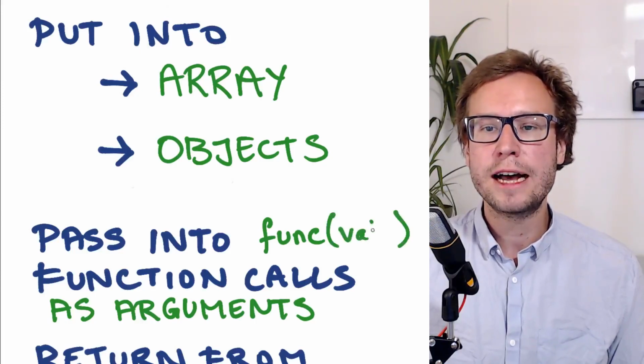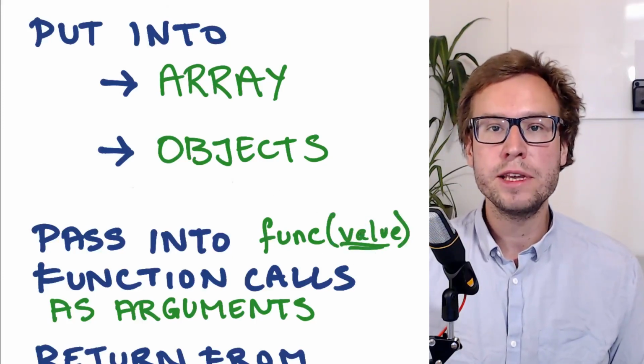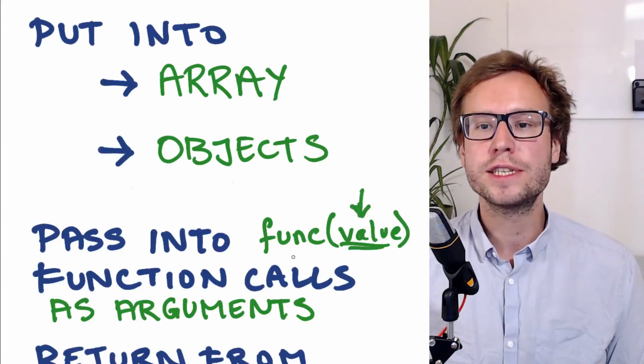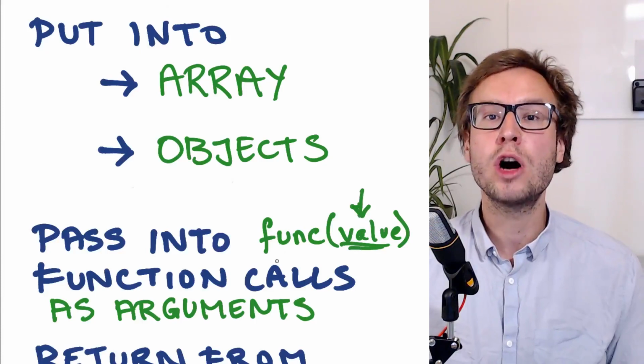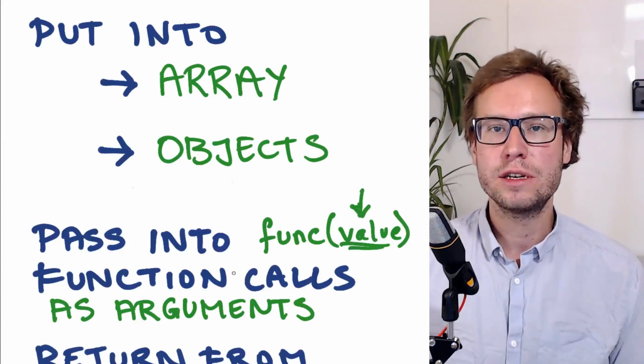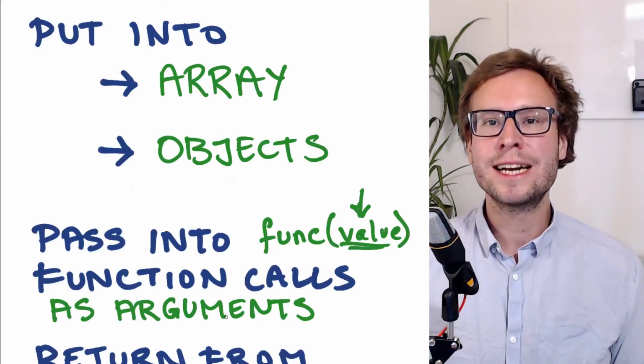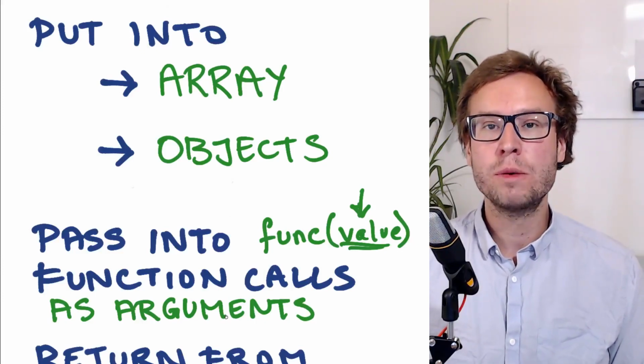I can put a value here, and this is the argument that I'm passing into the function. So that can be a function itself. In fact, it's like I have two functions in this expression. I have the function that I'm calling, and then I have another function that I'm passing as an argument into the function. Now, you might recognize this pattern as actually the basis for what we call callbacks.